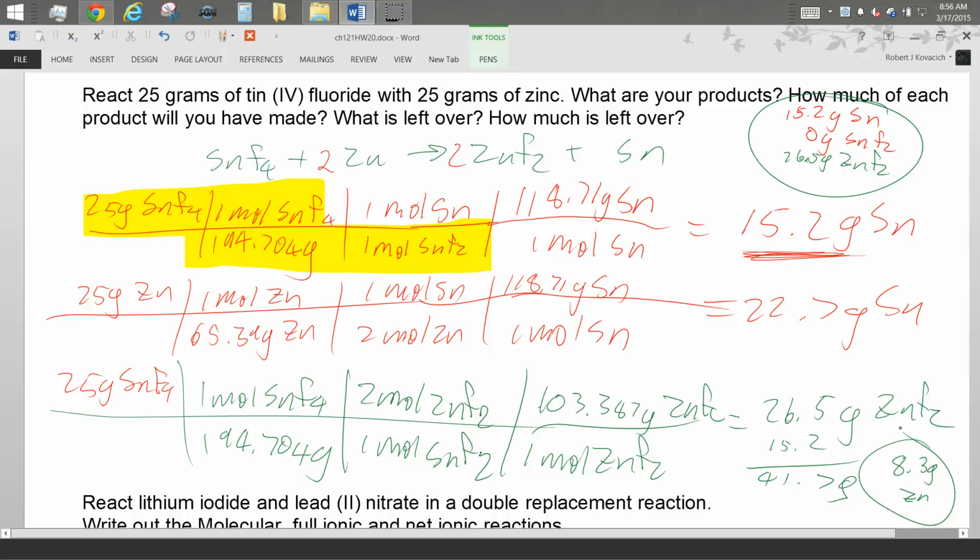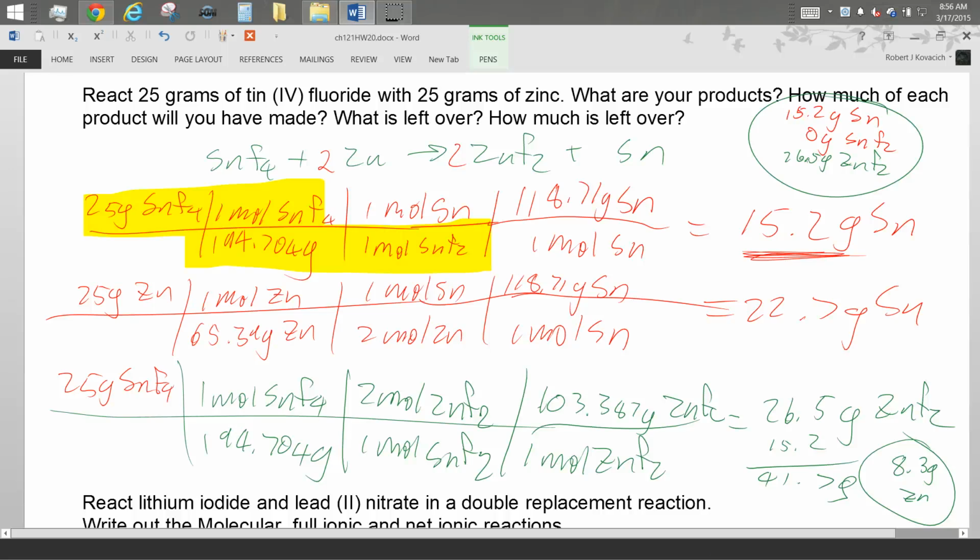So does it matter how much zinc you have if I'm going to run out of my tin 4-fluoride? It doesn't. So you'll have leftover zinc. Some of it's going to get used, but the moment that tin 4-fluoride runs out, I don't care that I have leftover zinc. Just like you didn't care that you had 10 pounds of leftover flour for your pies. I can't make another pie because I don't have any milk.